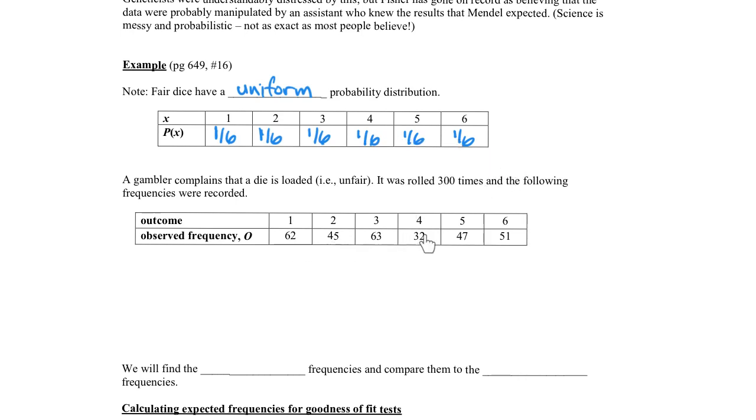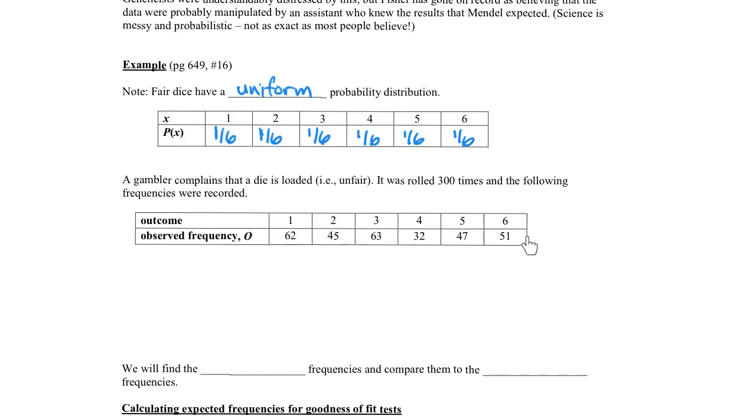And this is what this die had. So again, in reality, we wouldn't expect there to be exactly 50 of these and 50 of these. Just like if you flip a coin 100 times, nobody's going to be shocked if you don't get 50 heads and 50 tails out of 100 coin flips, right? So this is like that.